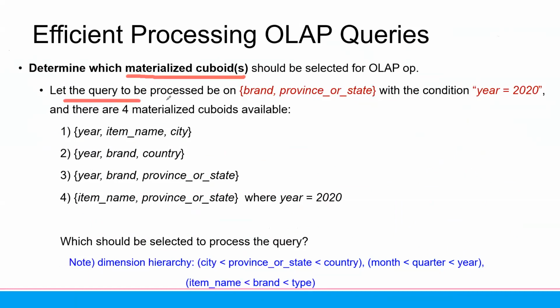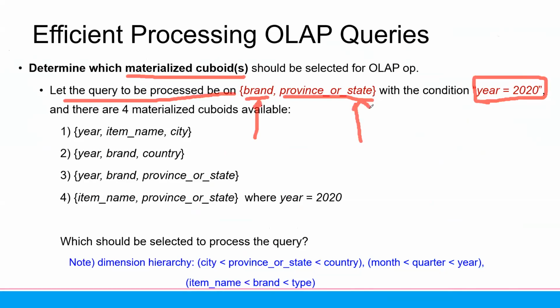So let the query to be processed be on the brand and province or state. I want to select only these two attributes, and I have the condition: let's check only the product in the year 2020 on this particular brand and in this particular province.